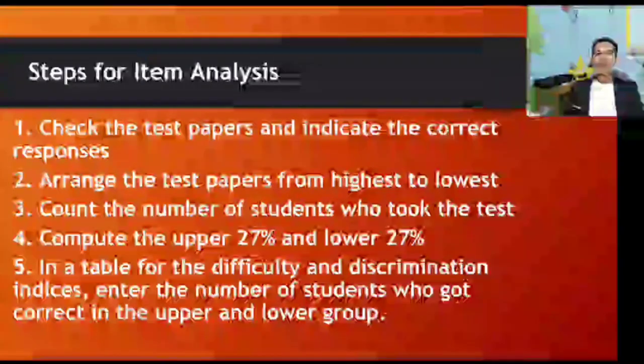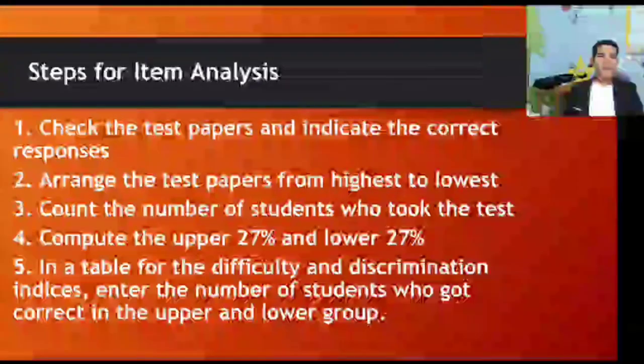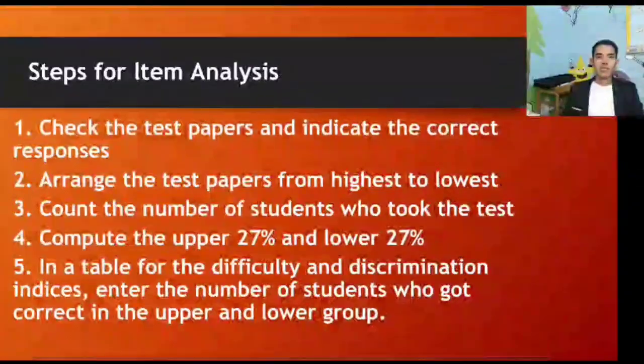Okay, so here are the steps for item analysis. First, check the test papers and indicate the score, indicate the correct answers or response. We as teachers, these are the steps in item analysis. We have to check the test paper first before we can make an item analysis.